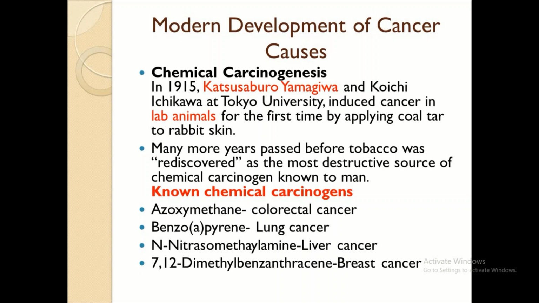Azoxymethane and 1,2-dimethylhydrazine were used to induce colorectal cancer in rodents, that is mice and rats. Benzopyrene is used to induce lung cancer. N-nitrosomethylamine is used to induce liver cancer. 7,12-dimethylbenz[a]anthracene is used to induce breast cancer in female rats and mice.